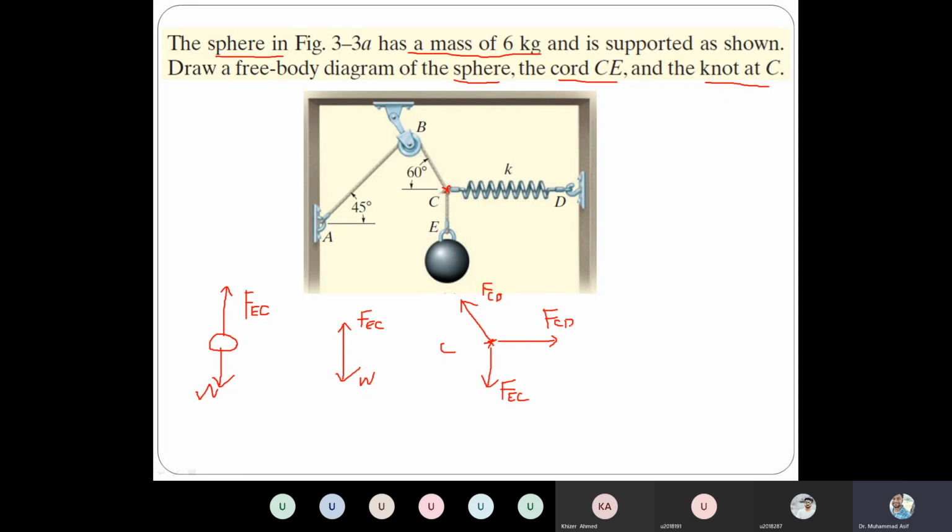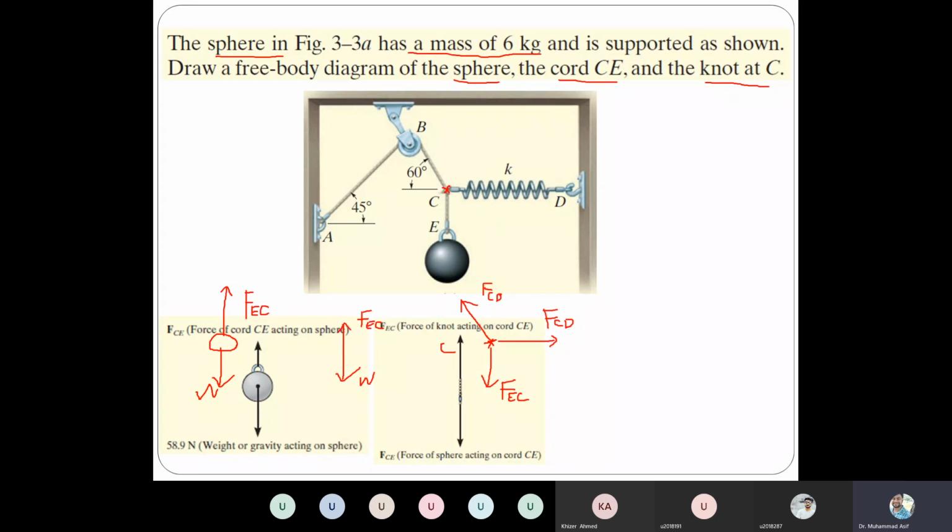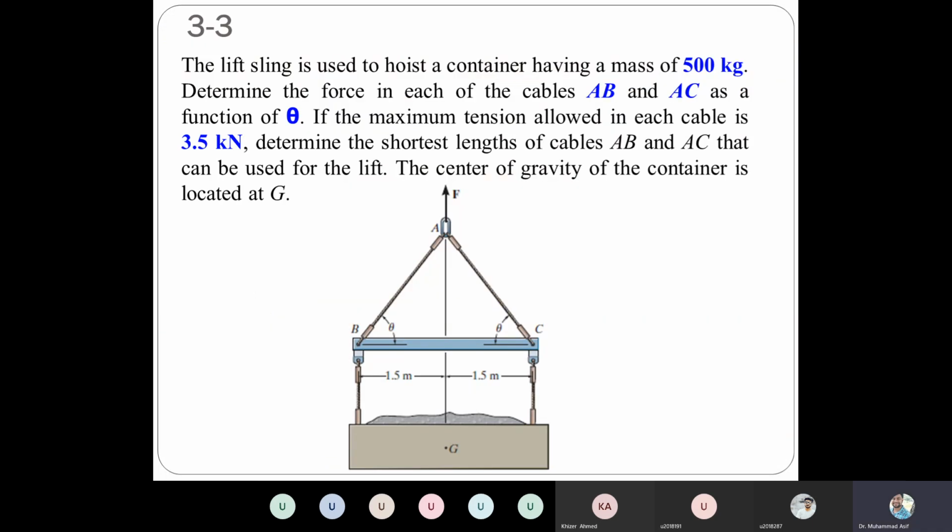So this is the free body diagram of that node. This is the free body diagram of the sphere, this is the free body diagram of the node C, right?